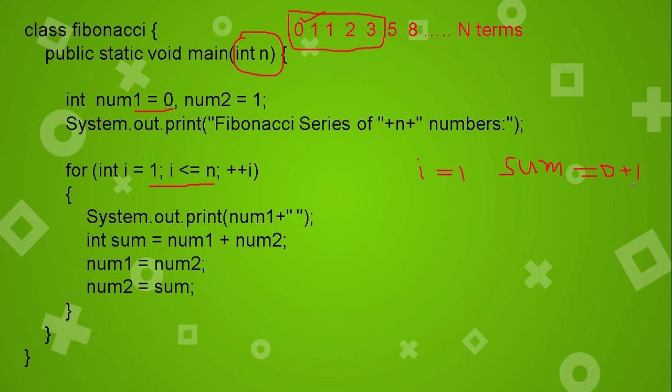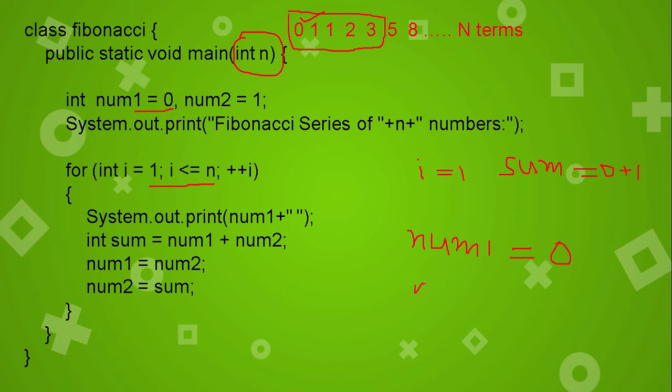Now we are doing an exchange. This is very important. The previous value of num1 was 0, and that will be replaced. Num1 is equal to num2. What is num2?